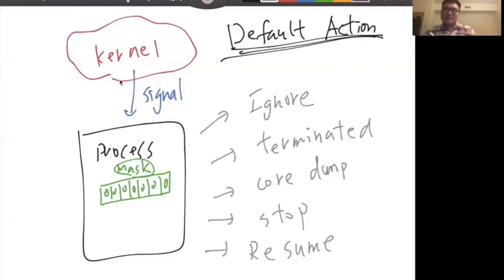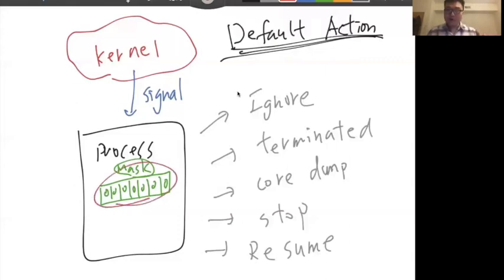If the process got stopped, you can use another signal to wake it up. So these are the default actions you can have to support the different signal situations. But remember, not every signal can be masked or blocked.